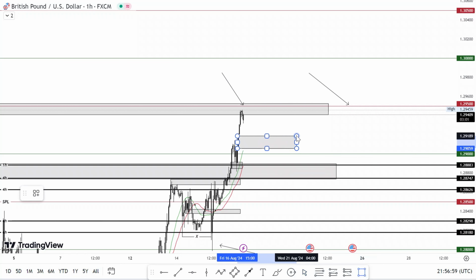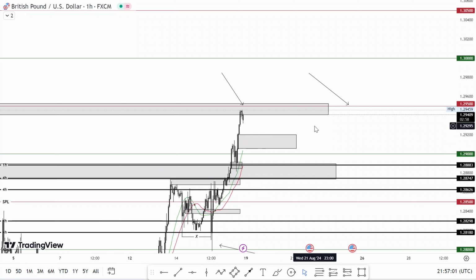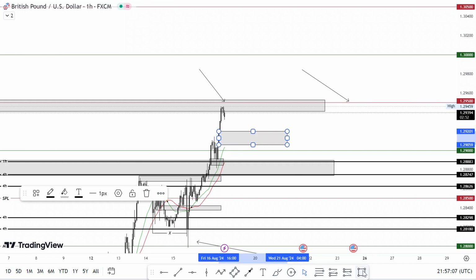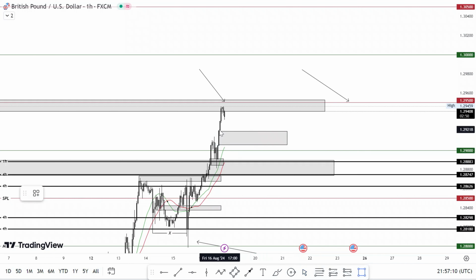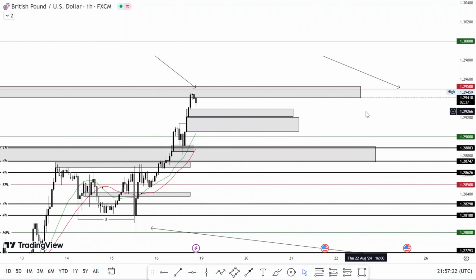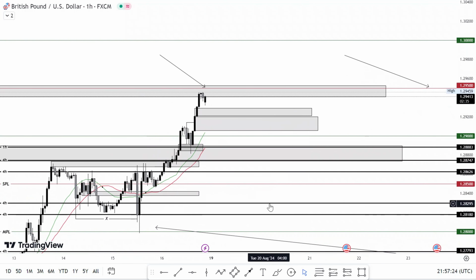There's a FVG here, to those of us who use SMC, a fair value gap here, and also there's a fair value gap here. Because the market broke structure at this level, I'll be expecting GU to pull back a bit, pull back to here.